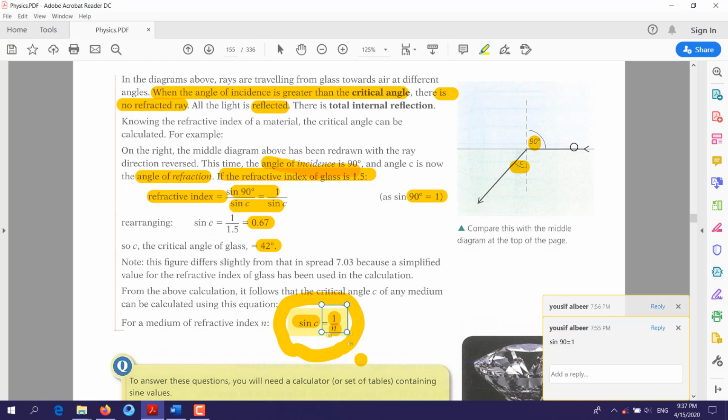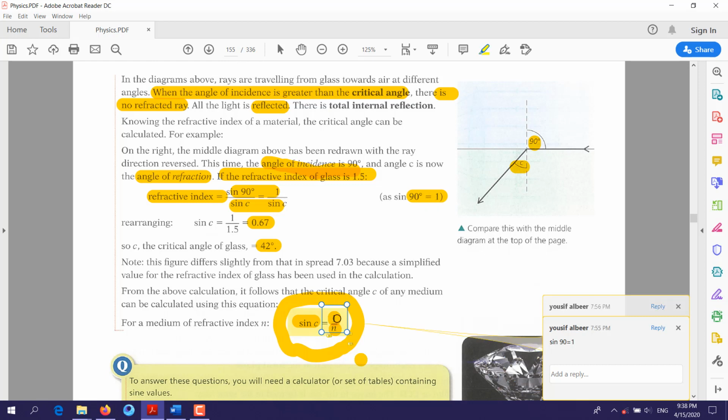We can get this formula from this drawing. Here we have the light ray, and here it refracts. So the angle with the normal is 90. So the refractive index equals sine 90 over sine C. Now, sine 90 is always equal to 1.